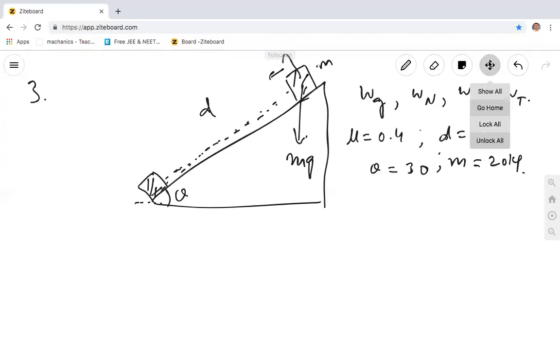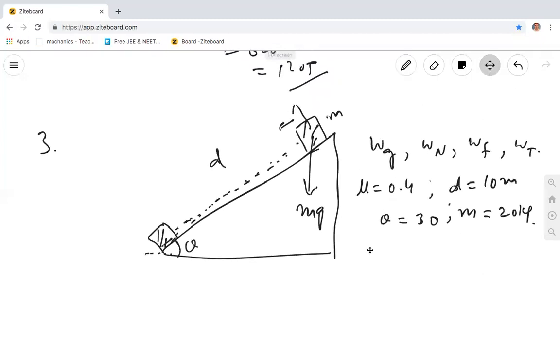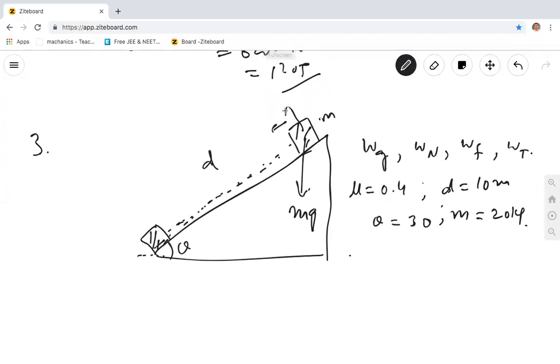Normal reaction, perpendicular to the plane. Can you resolve this into components? This is theta and this is also theta. What is this component? mg cosine theta. Good. And what is this component? mg sine theta.